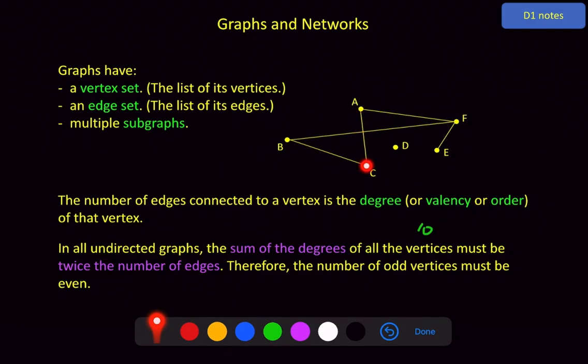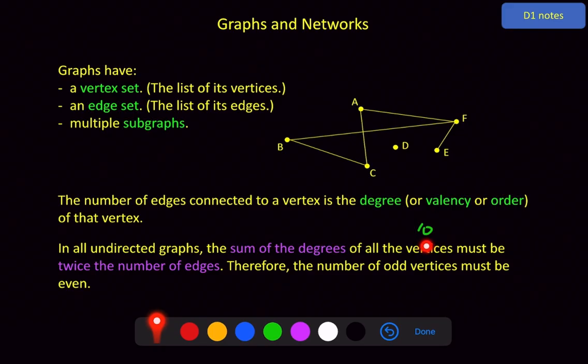So if we consider AC, that's contributing an order here on A and one here on C, and any edge will always contribute orders in pairs, one on each end. What this means is you'll always have an even number of total valency in your graph.